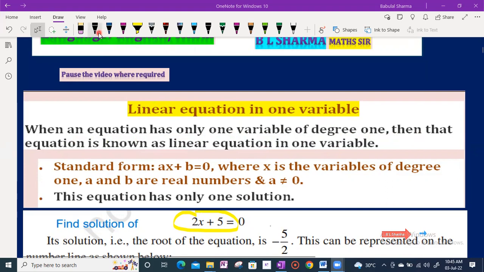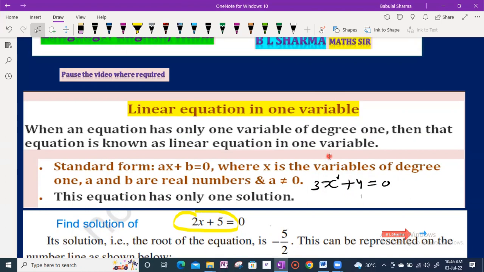If the equation is like 3x plus 4 is equal to 0, the highest power of the variable is 1, there is a sign of equality, and there is only one variable. So this kind of equation is said to be a linear equation in one variable.